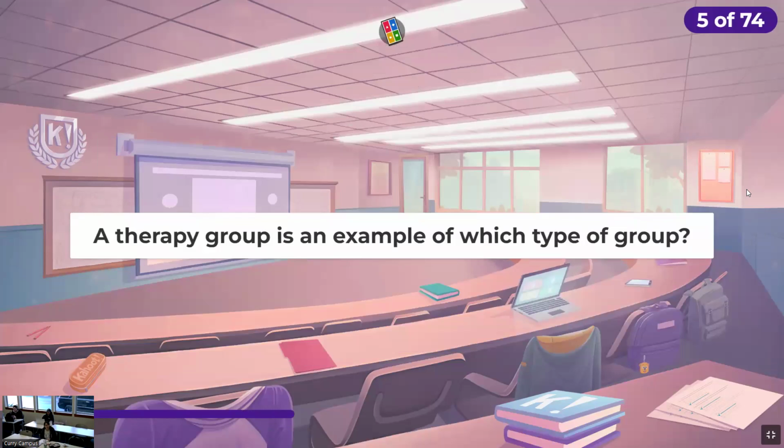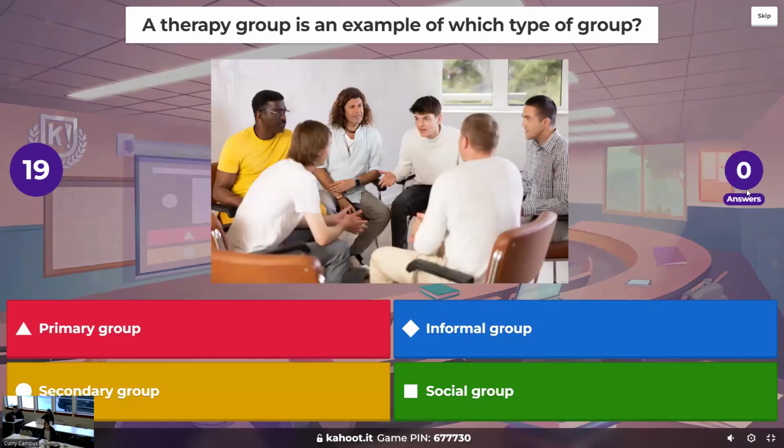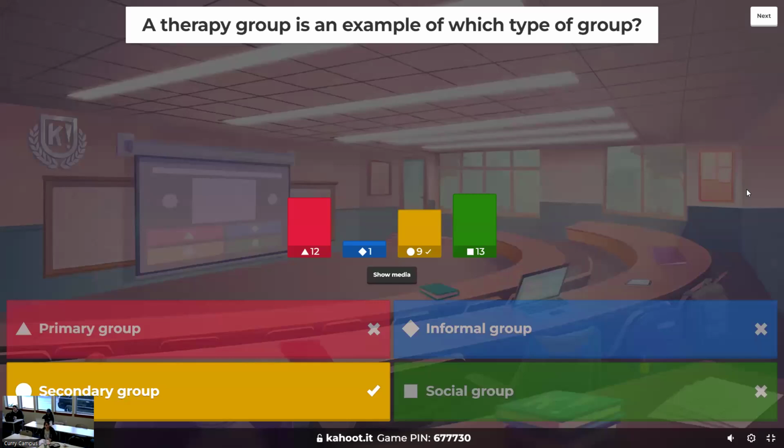All right. A therapy group is an example of which type of group? Thank you. Well, we have a bunch of answers. Good. Secondary group.